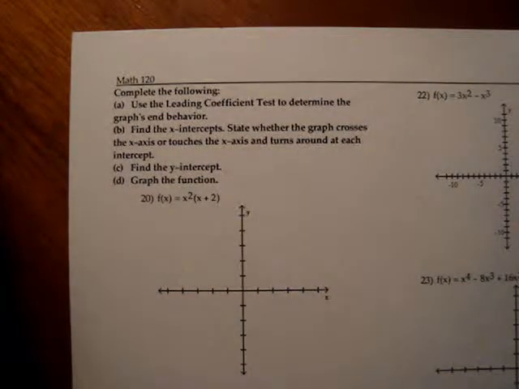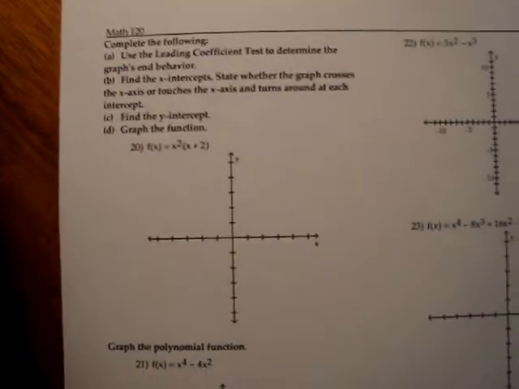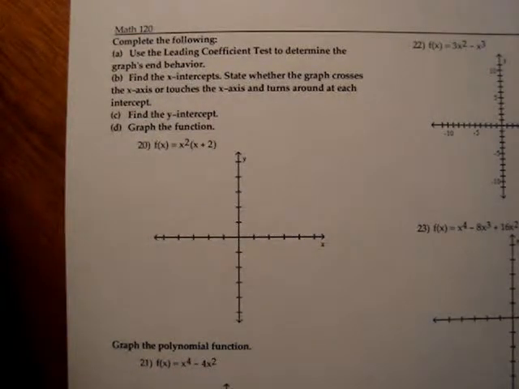Find the y-intercept. Graph the function. And I will add one more thing. Check to make sure that you haven't crossed the x-axis at a point that was not one of the x-intercepts. That's a common mistake. And count the number of turning points to make sure you haven't gone over the number of turning points. Okay, so number 20.